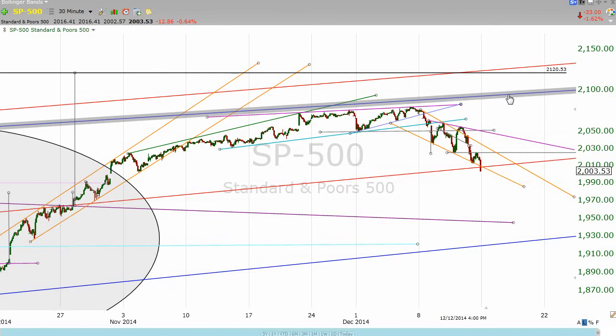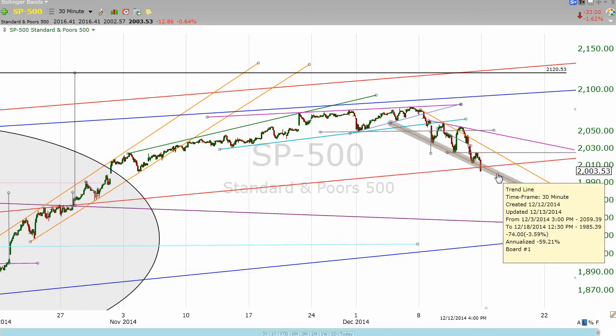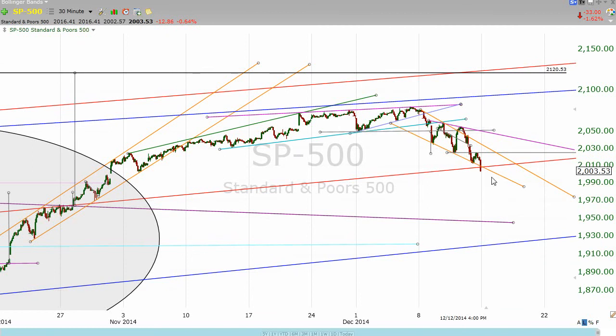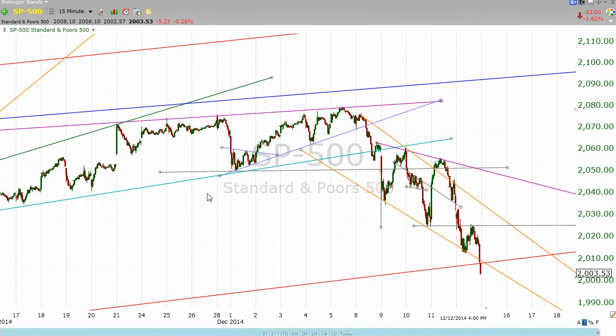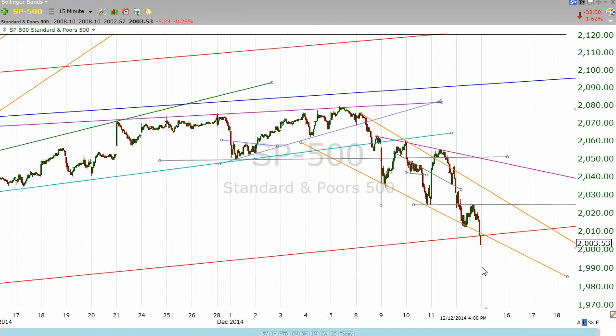Okay, so let's see where we find support, where we put in a reversal. The fact that we are under this support line that is descending right now sort of makes me feel that we could be putting in our low pretty soon. So let's keep our fingers crossed.